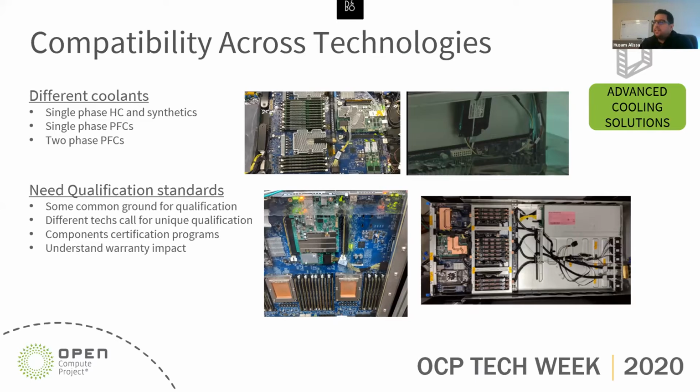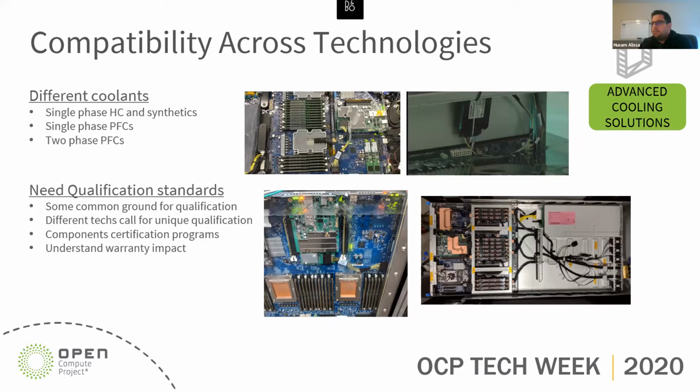So I wanted to highlight as we start that the compatibility requirement is not unique to liquid immersion, but perhaps the effort to standardize it is a recent one. And it's great to see OCP doing all that.